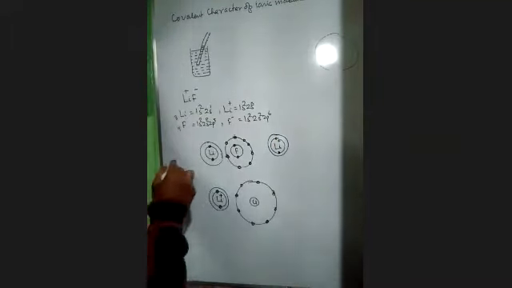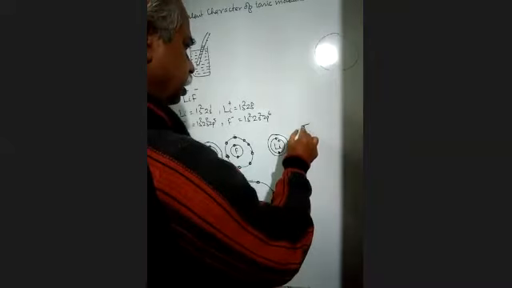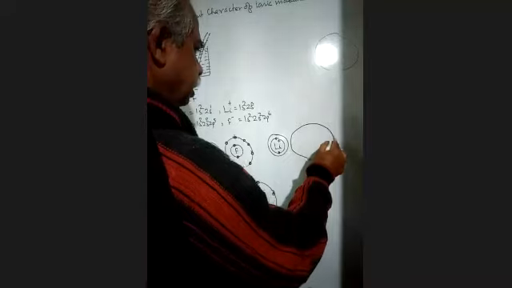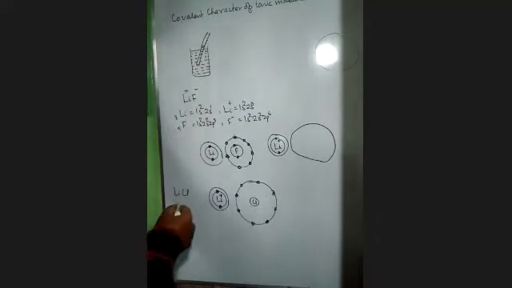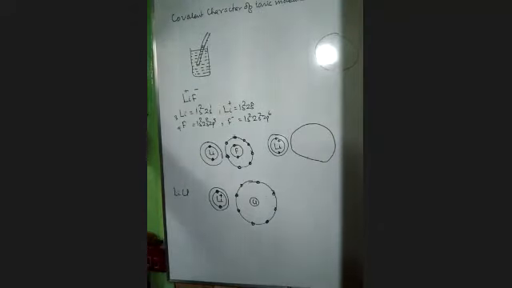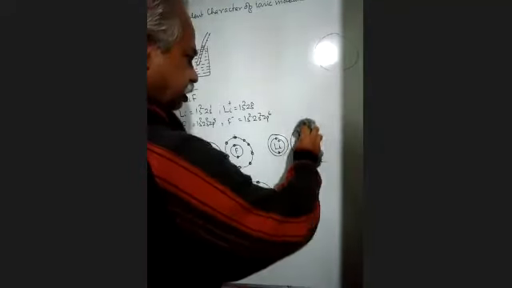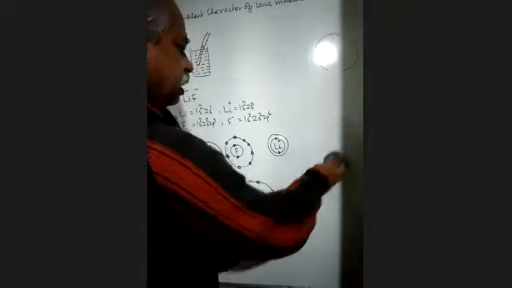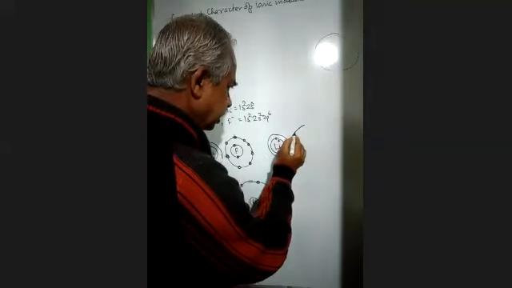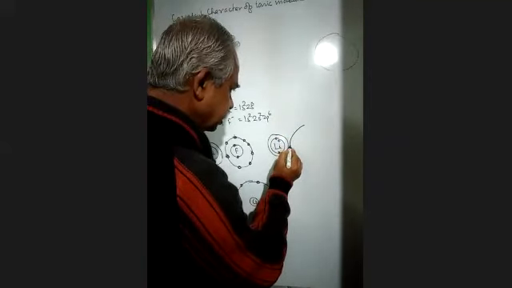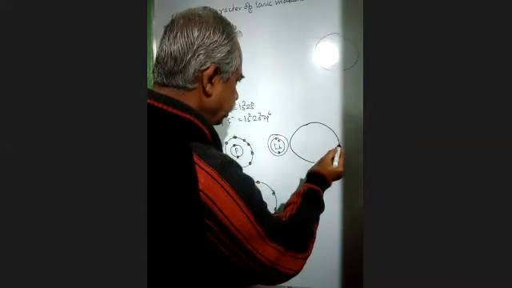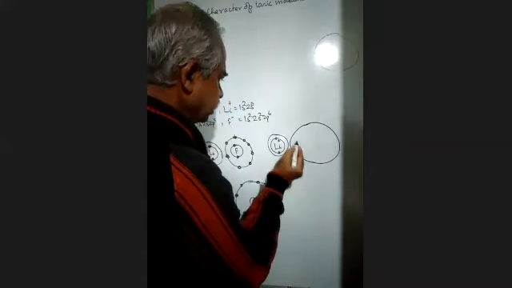Now, the moment the attractions become stronger, electrons are rushing. It does not remain homogeneous. The thing which was earlier circular or spherical now has increased electron density on one side, and the other side has become less.